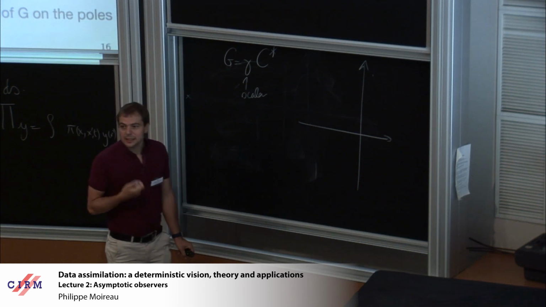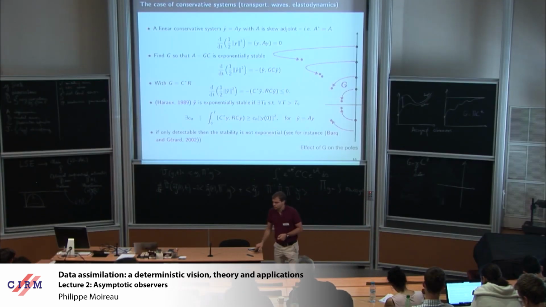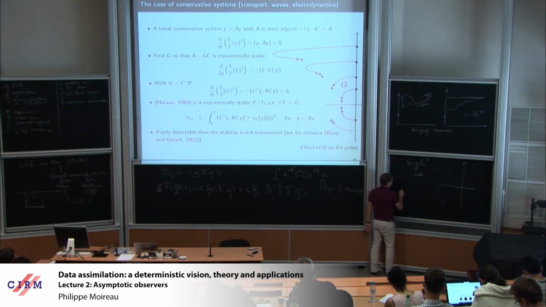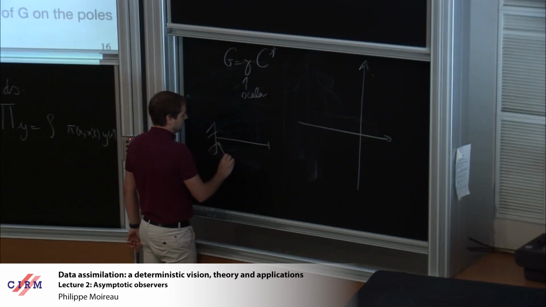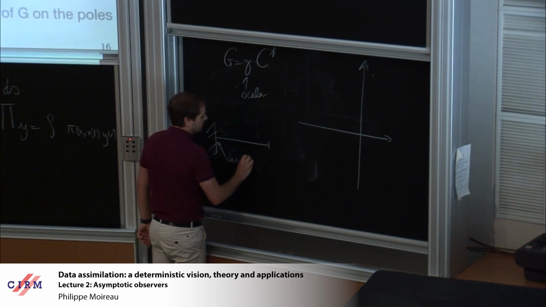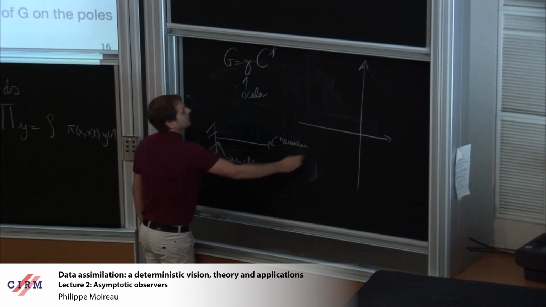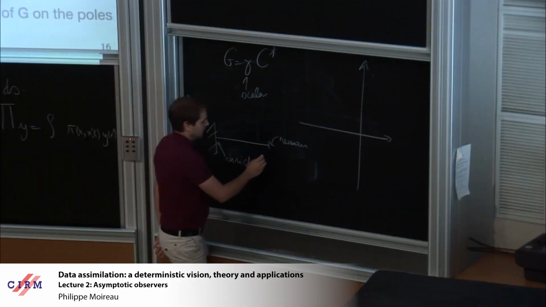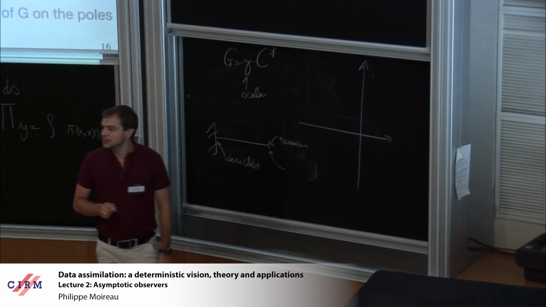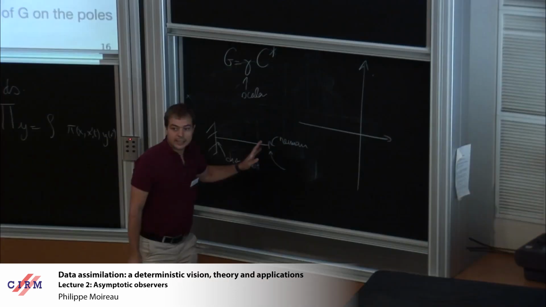For that I give you one example. I will choose a 1D wave equation. Here I have a Dirichlet condition, and here I put a Neumann boundary condition. Let's assume that you give me the observation of the end of the rope.